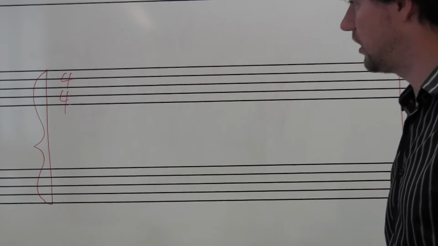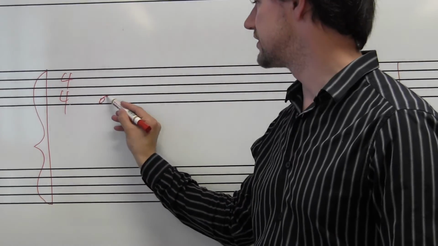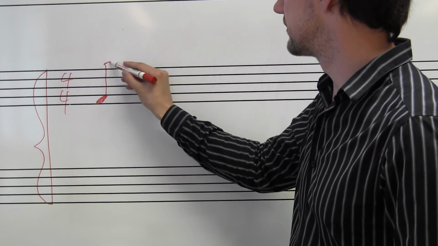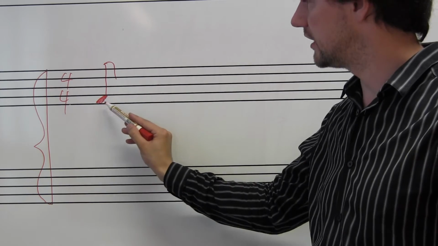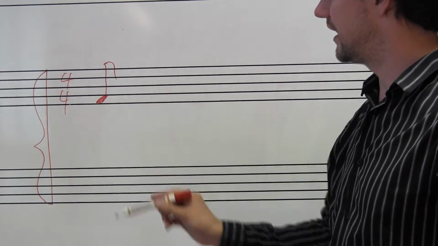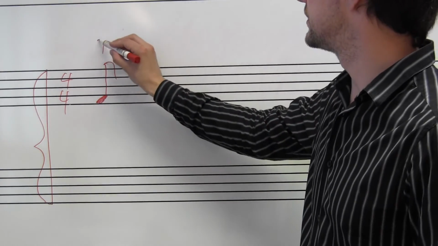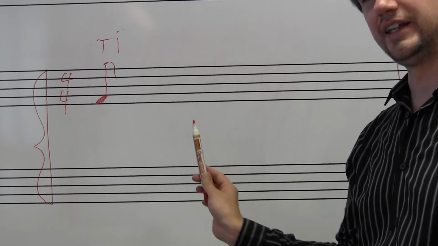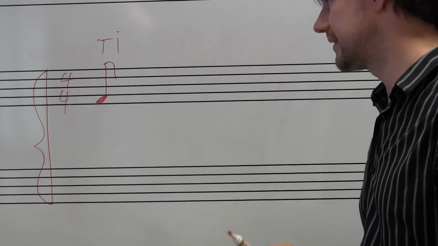This is ta. Now, a single eighth note looks like this. It has a note head, a stem, and a flag. And this is called ti. So it's a ti. So write it down or remember it.